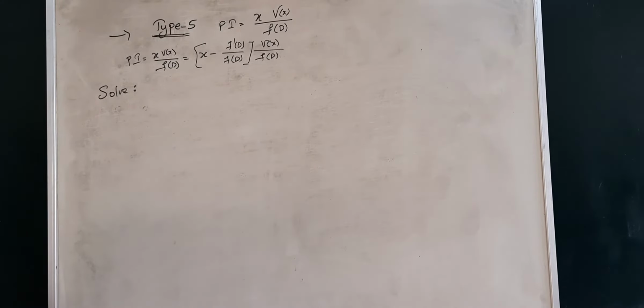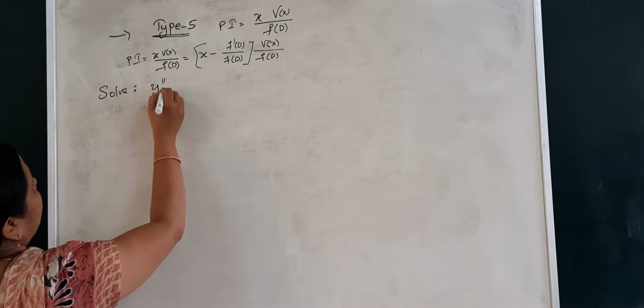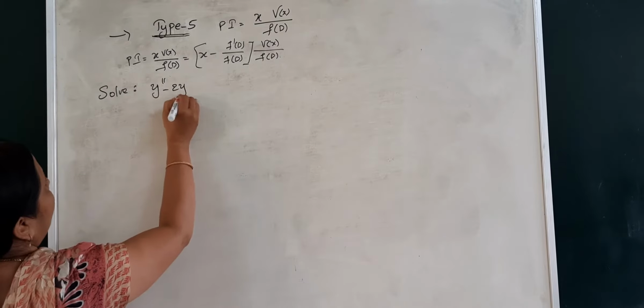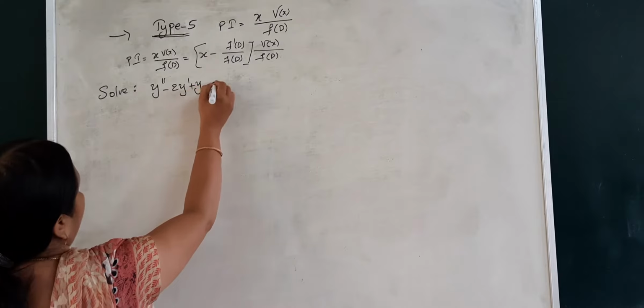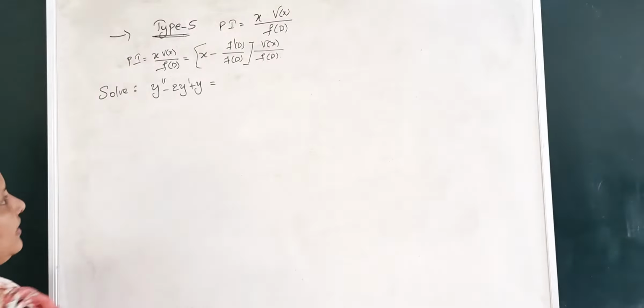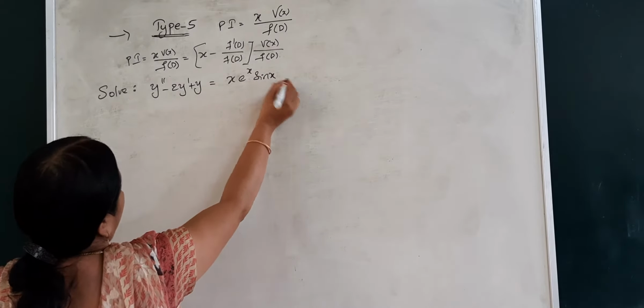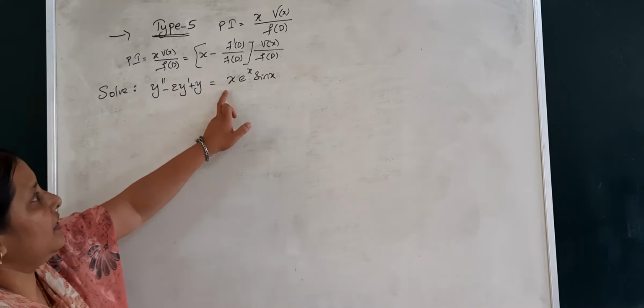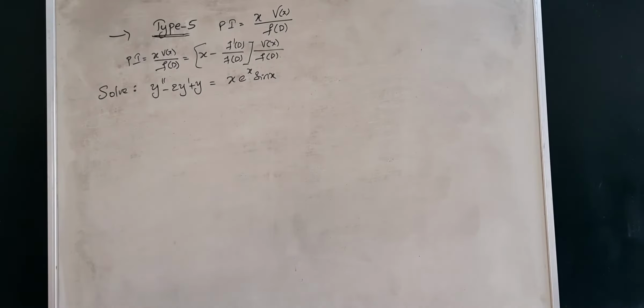The question says, solve y double dash minus 2y dash plus y is equal to x e power x into sin x. See, there are 3 terms here: x into e power x into sin x. Let us see, the product of 3 terms, not just 2 terms.